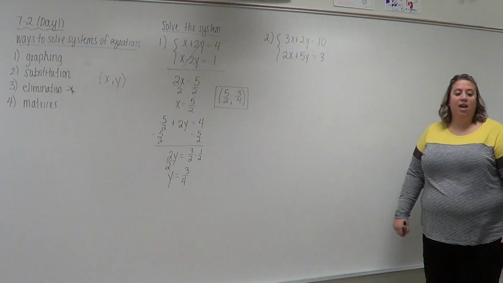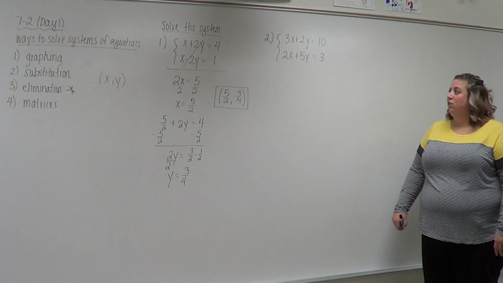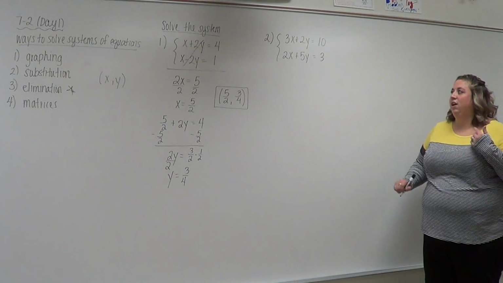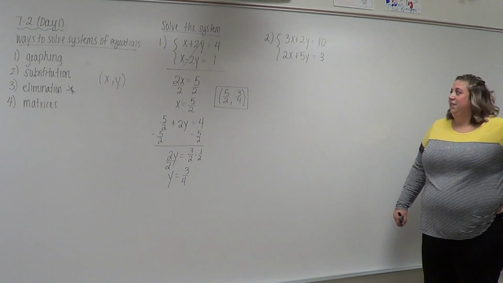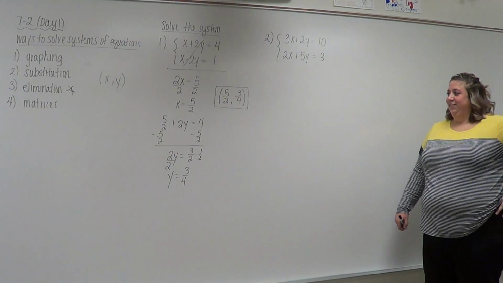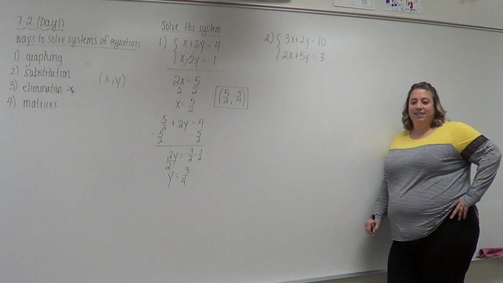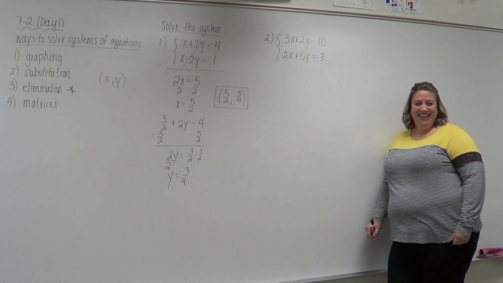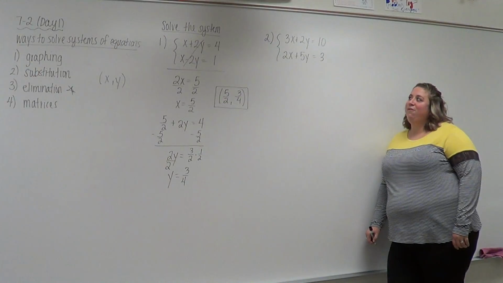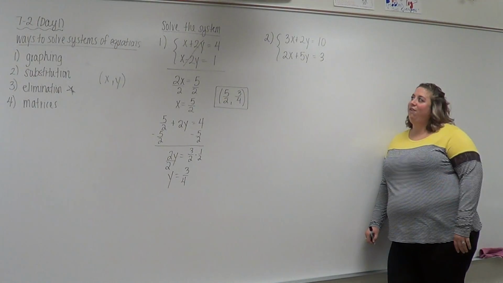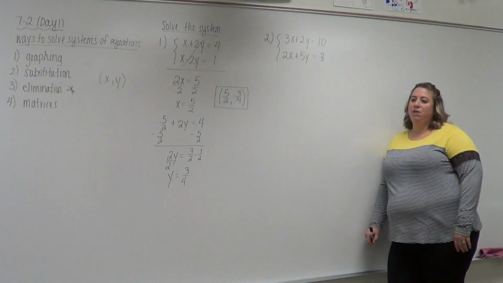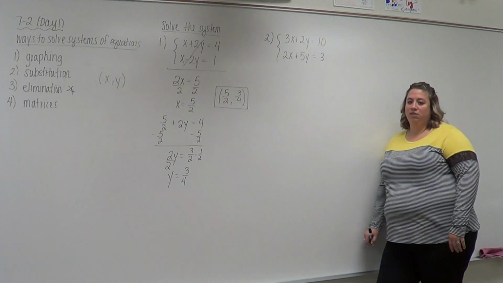Okay, does anything cancel immediately here? No. So then you pick. Do you want to cancel x's or y's? Either or. I'm going to do the x's. If I have 3 and 2, what's a multiple they would have in common? 6.